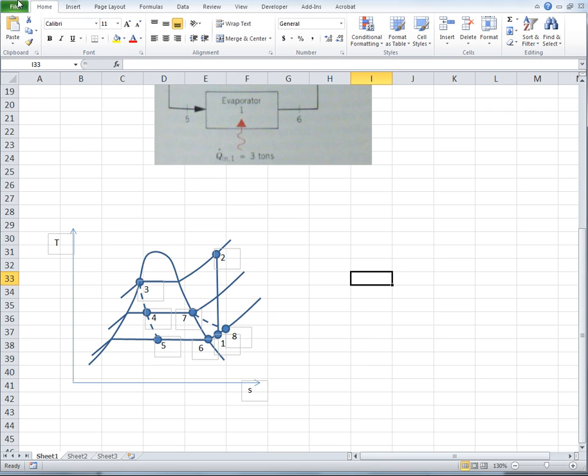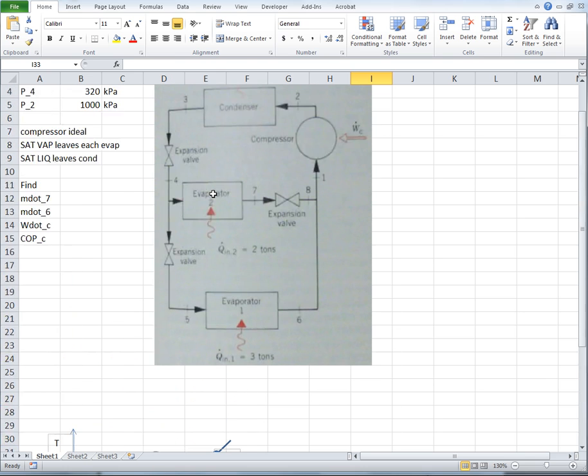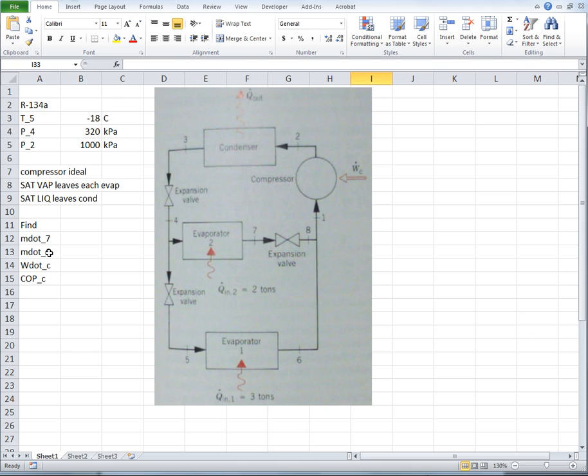Okay, so I think that's pretty much our whole cycle there, and it gives us the big picture of what's going on. Now, to proceed with the analysis, what we're asked to do here is find the mass flow rates 7 and 6. What is that?